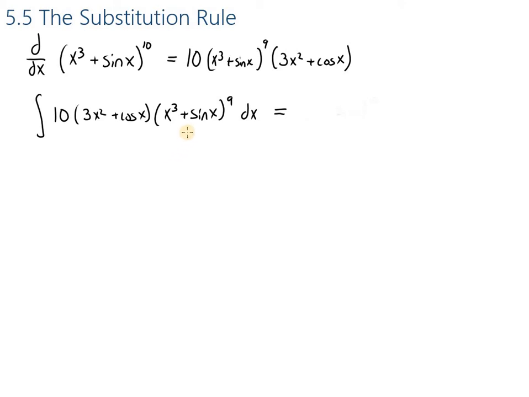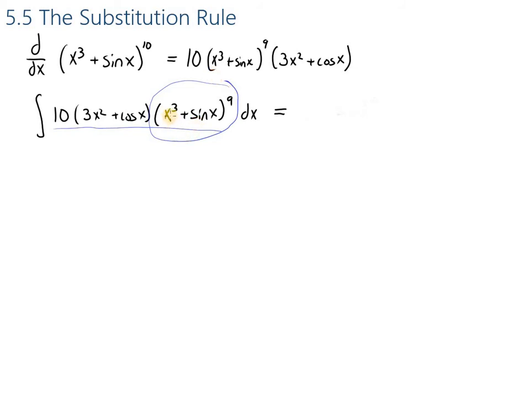To do u-substitution, you would look at your integral, your thing you're trying to integrate here, and you would hopefully find the piece that was originally a function inside of another function, right, that came from chain rule. And in this case, I would say we've got that right here.